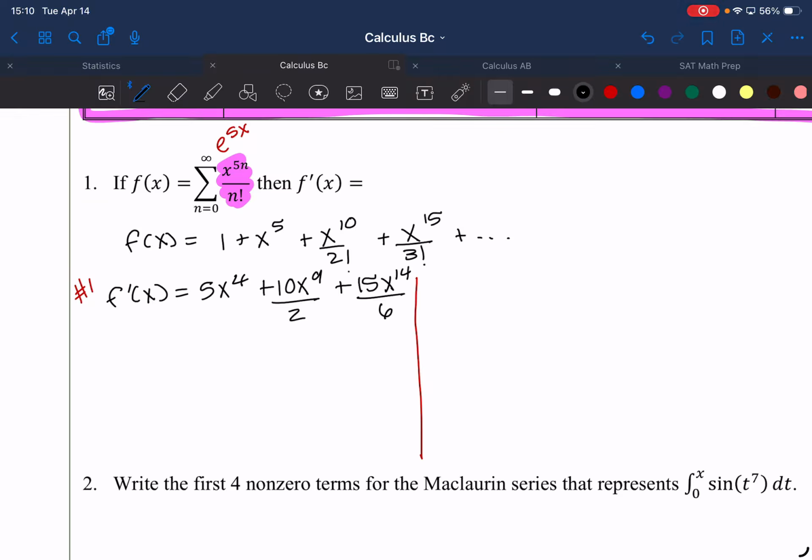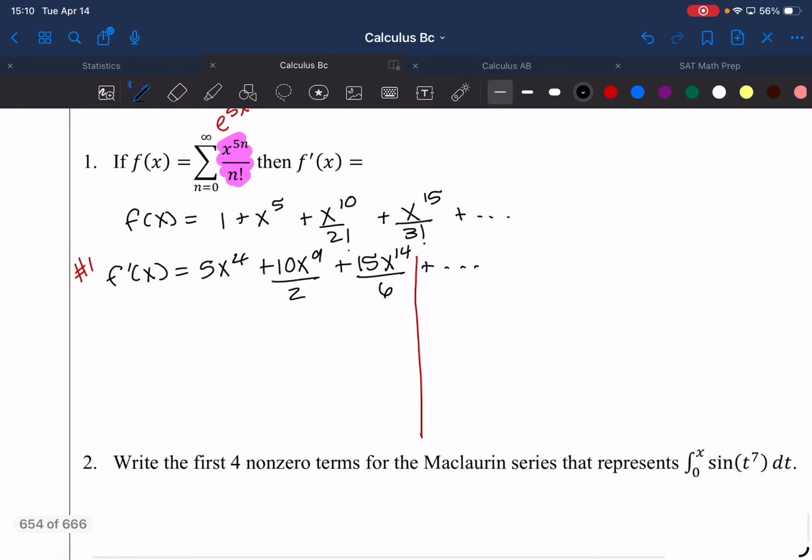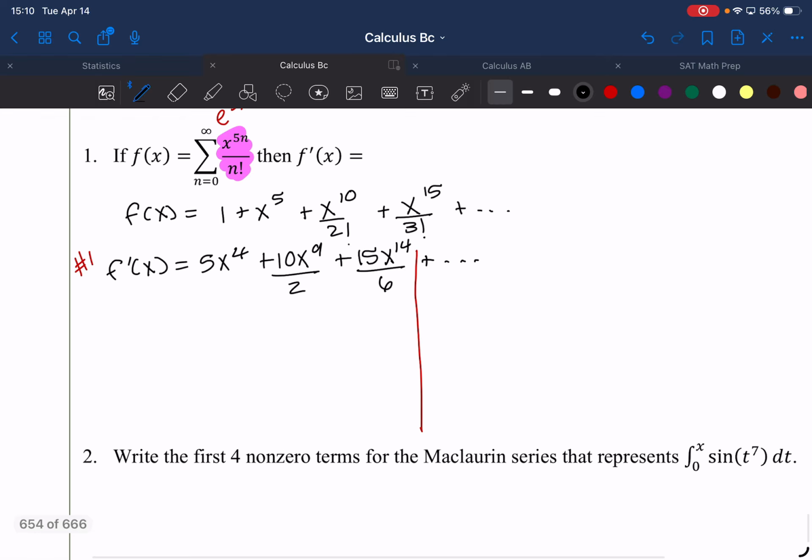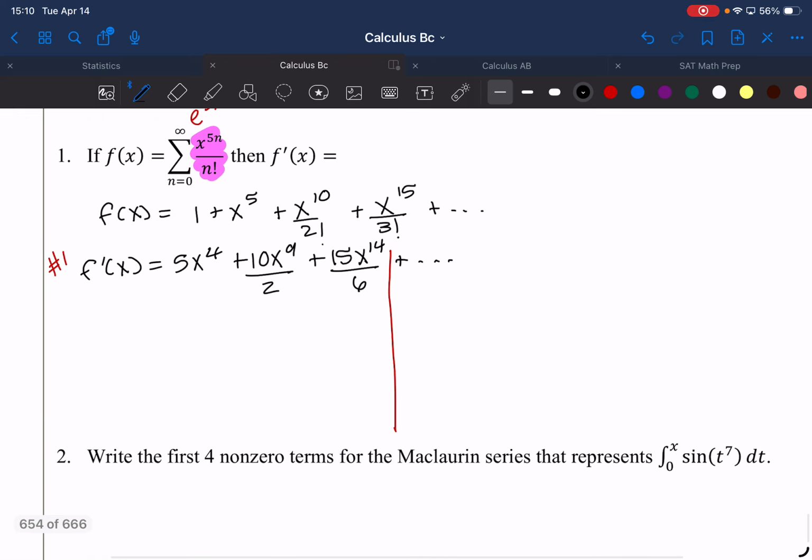Okay, remember 2 factorial is 2 times 1. 3 factorial is 3 times 2 times 1. Okay, and then of course this continues. So that would be one way. Okay, you found the derivative.